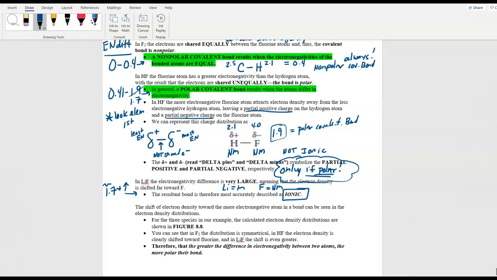I can't tell you if it's 1.7 or 1.9 because scientists have never agreed on what the cutoff is, besides looking at the elements first. So when you look at the elements first, is it a metal and nonmetal, or is it a nonmetal and nonmetal? Because if there's a metal, you better be looking at the ionic category. With ionic, you get a huge difference in electronegativity between the atoms.